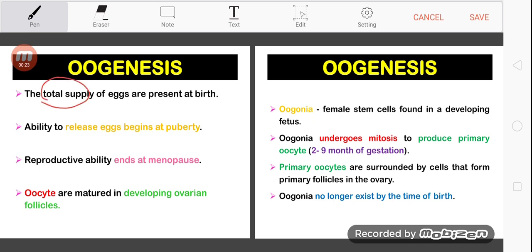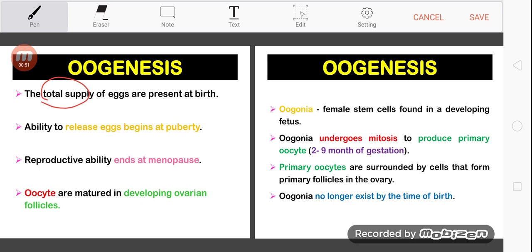So for baby girls, for females, women, we know there is a finite number of eggs present at birth. But for males, they can produce sperm throughout their lifetime.